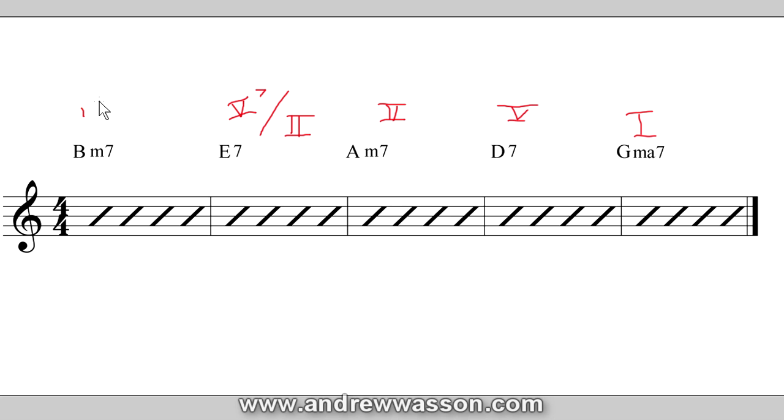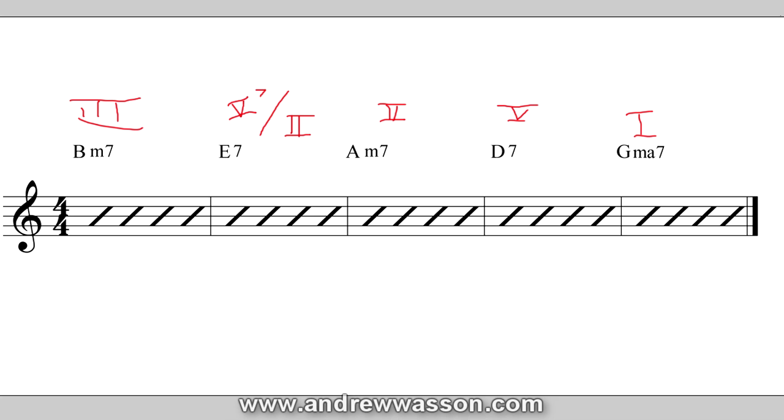And by the way, if you didn't guess it, this chord over here is the 3 chord. So we have our 3 chord starting things off, and then we move into this 5-7 of 2, and then into the 2 chord, and then into the 5 chord, and then the 1 chord, pardon me. But what we're going to do is apply this concept of flat 5 substitution into the secondary dominant idea that we have displayed in this particular progression.